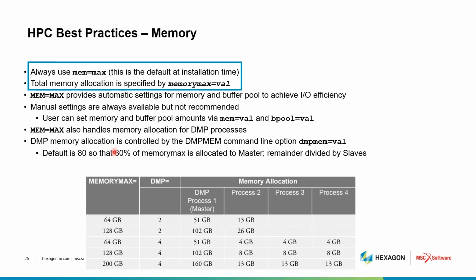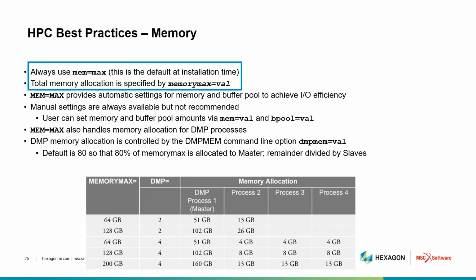Memory equals max also handles the memory allocation for DMP processes. As I said earlier, DMP memory allocation is controlled by the DMP mem command, that is DMP mem equals value, and the default is 80%, so that 80% of memory max is allocated to the master, and the remainder is divided among the slaves. We'll just go through this real quick.